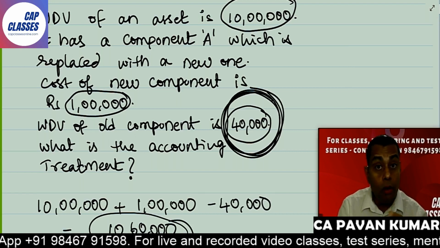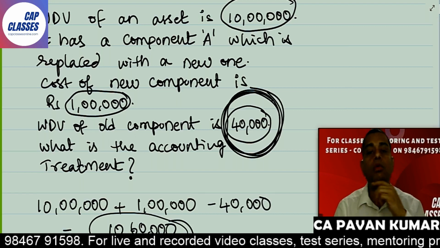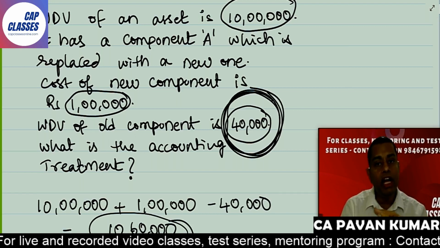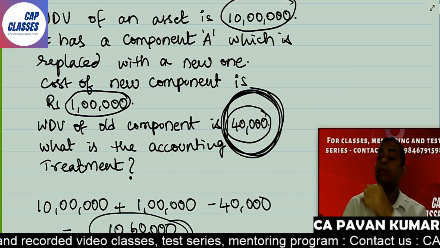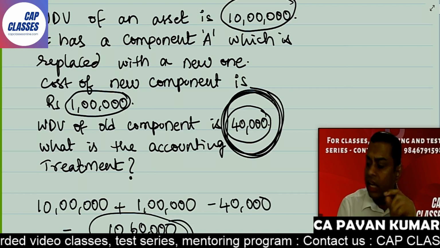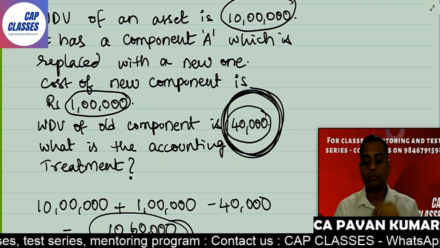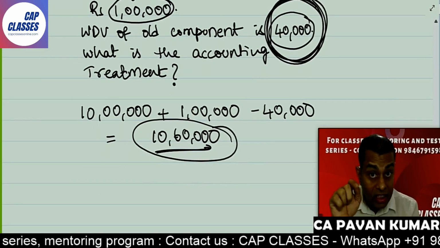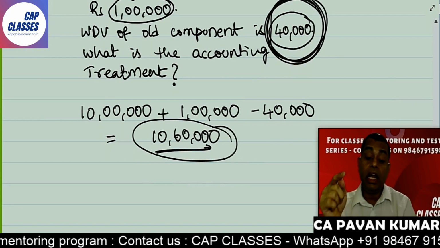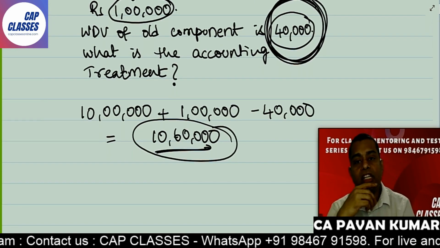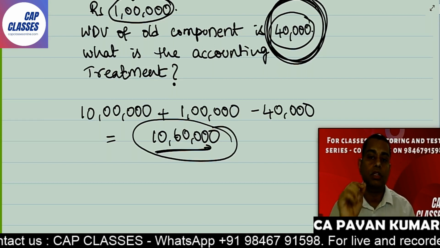If you follow componentization, then only you will come to know what is the WDV here. Otherwise, you need to do fair value accounting and plug it back, which is actually difficult. In India, we do not have this concept. Now, imagine. In CA final, this problem is there now. If you do not know that the WDV of old component is 40,000, what will you do?